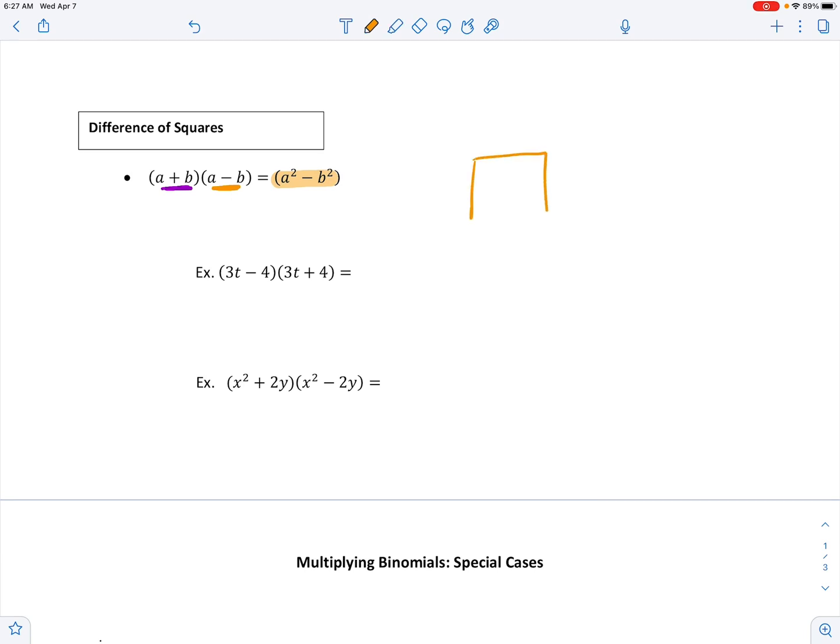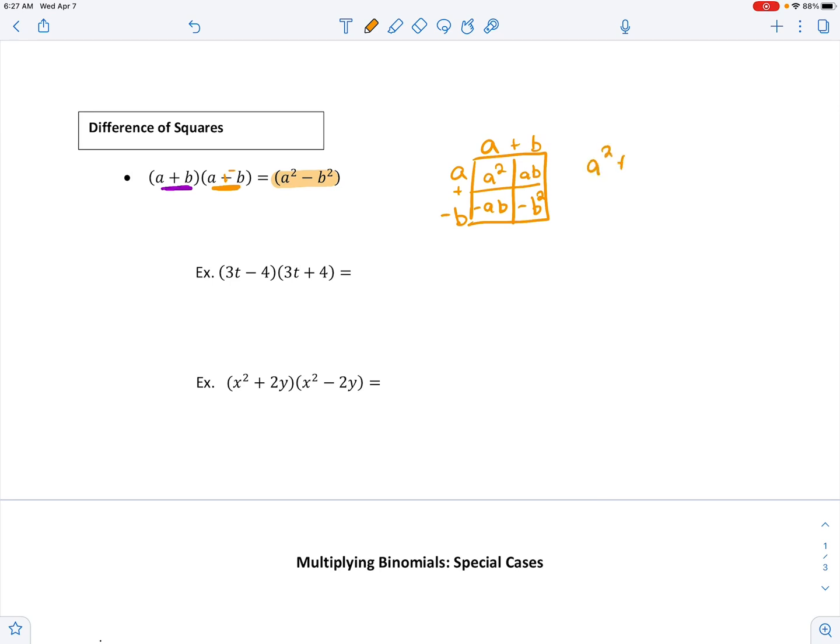Well, a plus b, and this is going to turn into negative b, so that'll be a plus negative b, which gives us a squared, ab, and then negative ab, and then negative b squared, if we're to fill this out.